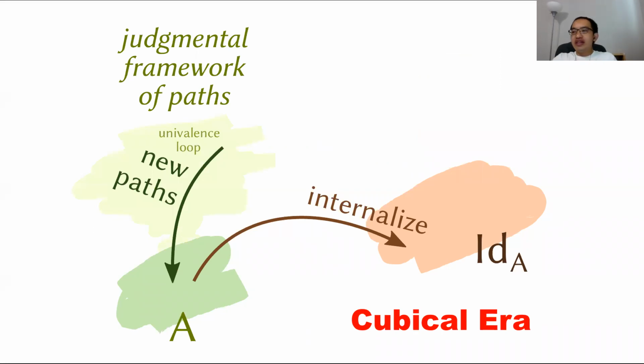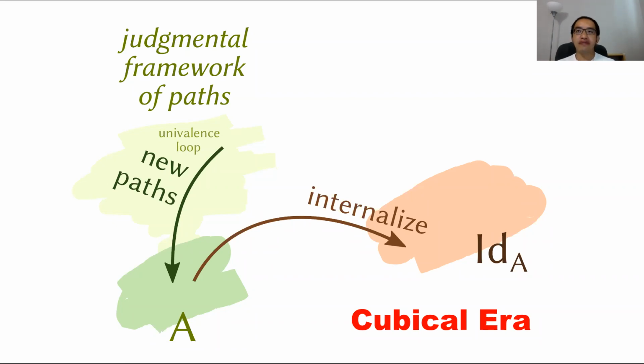So the problem of the previous approach is that when you're adding new things to the ID type, saying that, okay, now there's a new path in the universe, which is called univalence, but when you are handling some element from the type, say from the universe, it has no idea what kind of garbage you have thrown into the ID of whatever type.